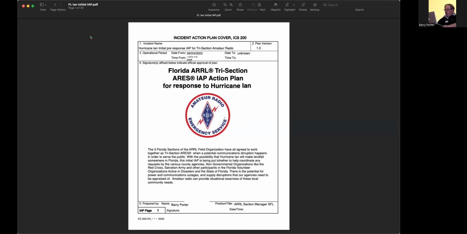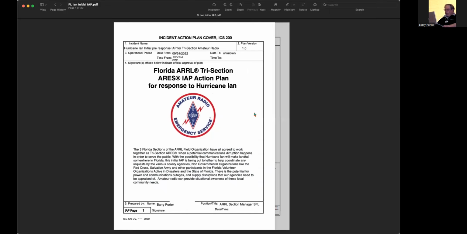And the state only needs to deal with one group when they're planning out their overall emergency response, not just the communications part. Our non-governmental organizations, like the Red Cross and the Salvation Army, like to see these kinds of plans because they also make up IAPs for their individual responses.